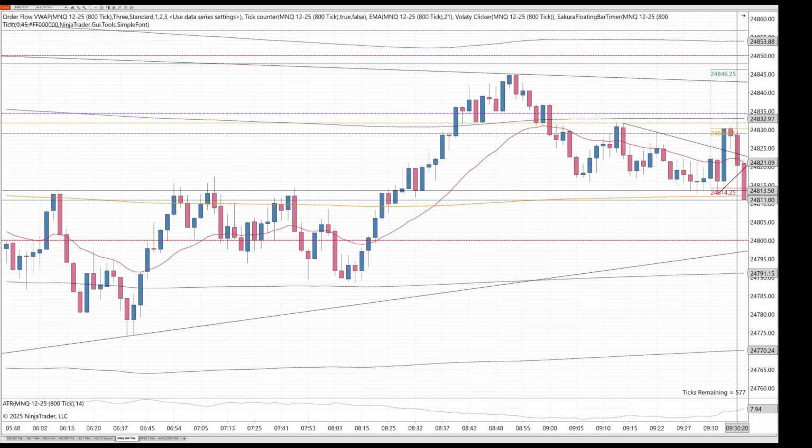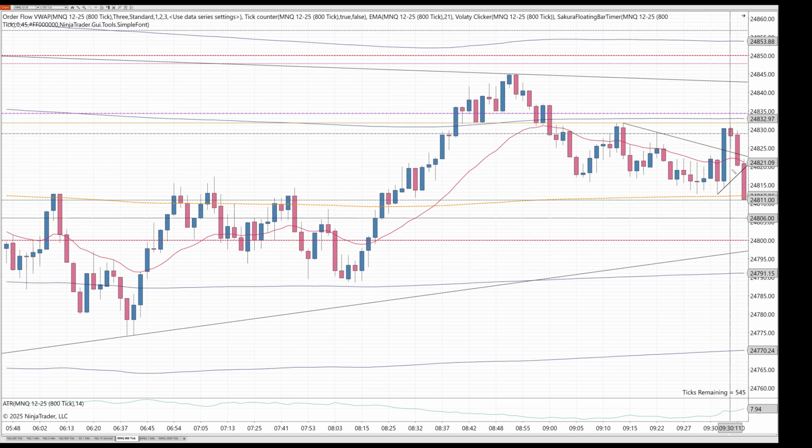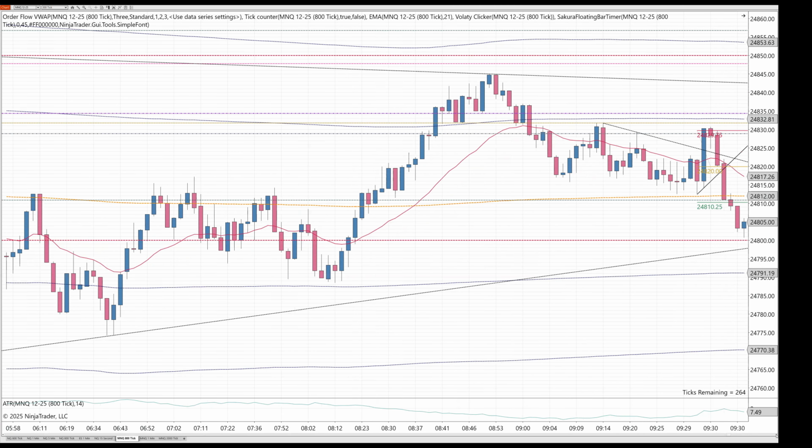Okay. And while this trade was going on, this trade triggered bearish, but VWAP's in the way. We were also in this bullish trade. It did end up working, but not a trade I would have been able to take anyway because we were technically in the middle of the bullish trade.